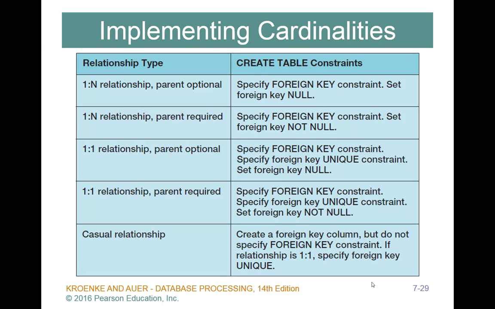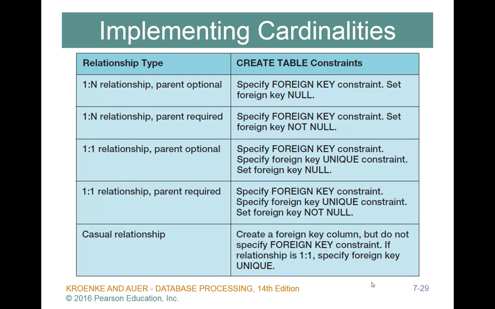This is a good table that you can reference on what you need to do for the different scenarios. So if we have a one-to-many relationship where the parent is optional, or a one-to-many relationship where the parent is required, what table constraints need to be put in place, what needs to be done. For the first example, if it's a one-to-many relationship where the parent is optional, we need to specify the foreign key constraint and then set the foreign key as null.